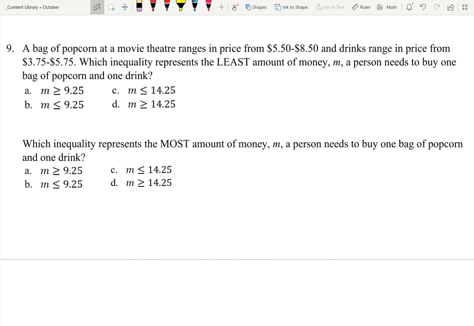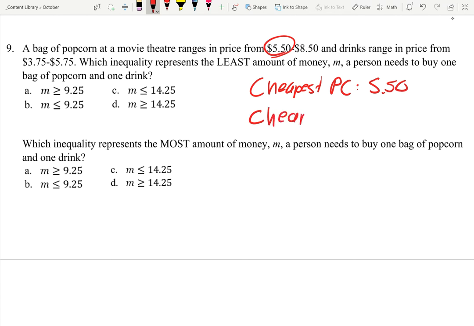So if you're going to the movie theater and you want popcorn and a drink, but you want to spend the least amount of money possible, then you're going to choose the cheapest popcorn, which would be $5.50. And you're going to choose the cheapest drink because your goal here is to spend the least amount of money possible.